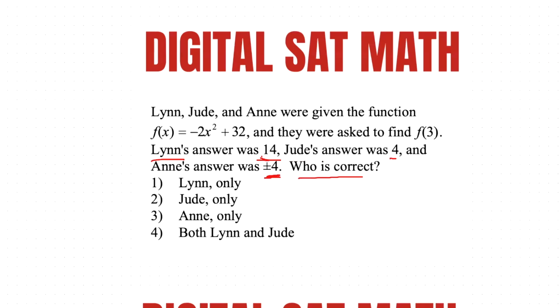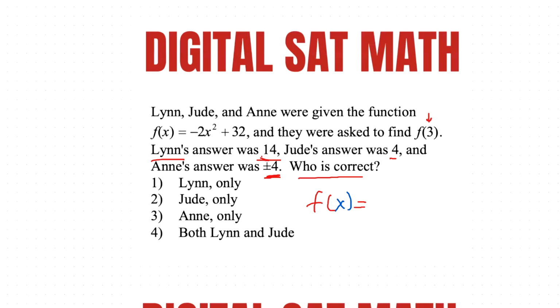In this situation, instead of x in the function, what do they substitute? They substitute 3. So we're going to put 3 instead of x in the function. I will put it in a different color to show you the x value.